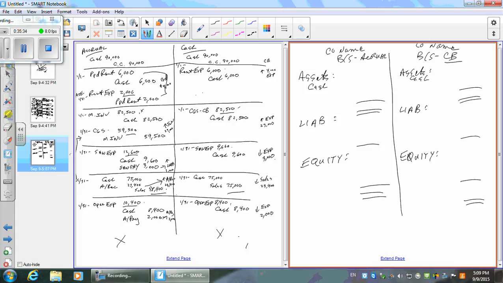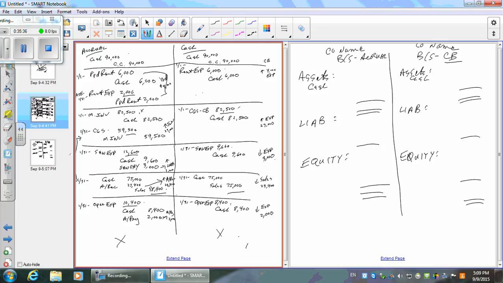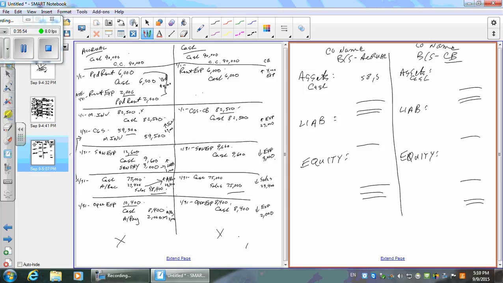It's 90,000 to start, right? Less 6, less 82.5, less 9,600, plus 75,000, less 8,400. Will that be the same over on the cash side? Oh yeah, cash is cash. How much did you say it was? 58.5.